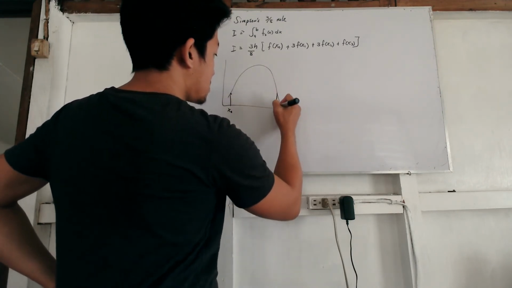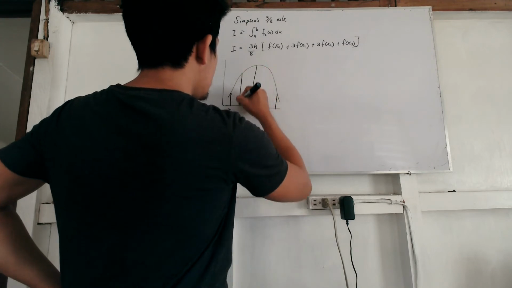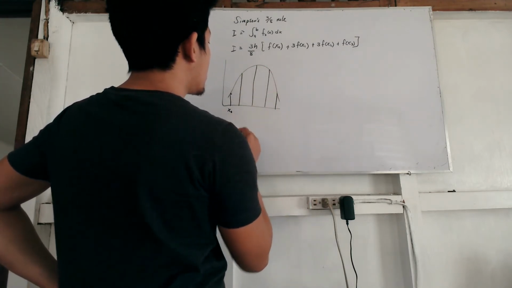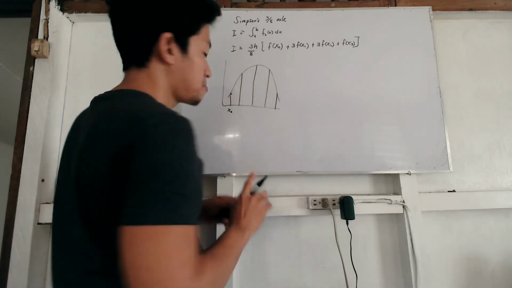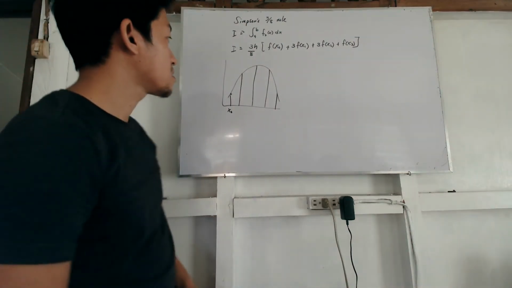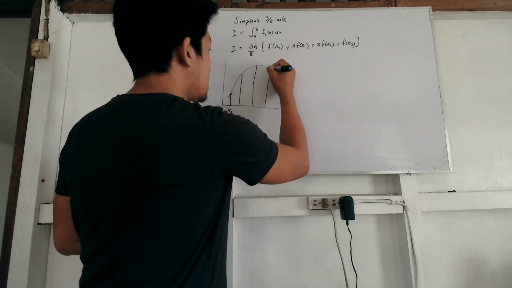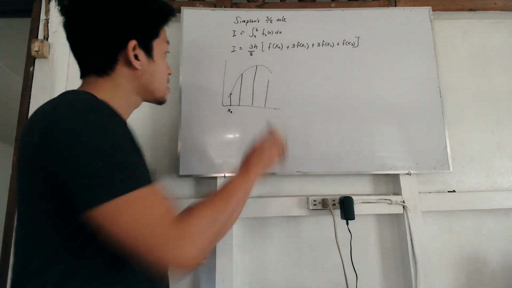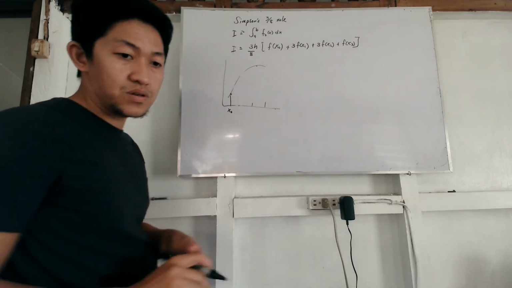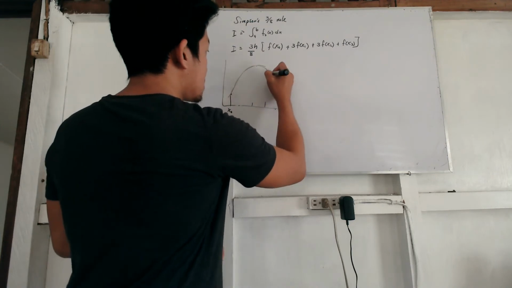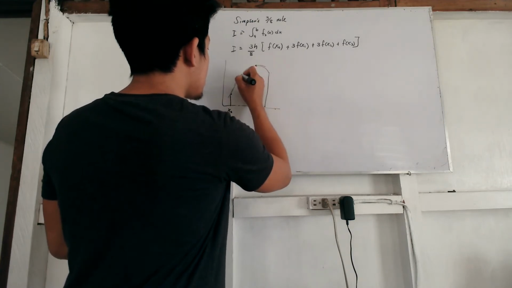Okay, you have x sub 0, and then we need to divide this into segments. If you have a graph and you want to use Simpson's 3/8 rule, you divide it into 3 segments.